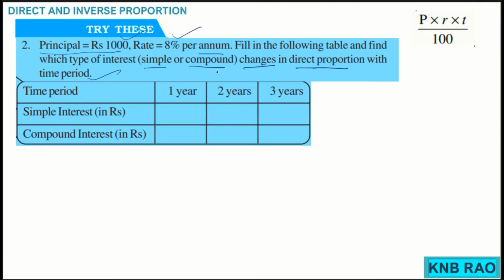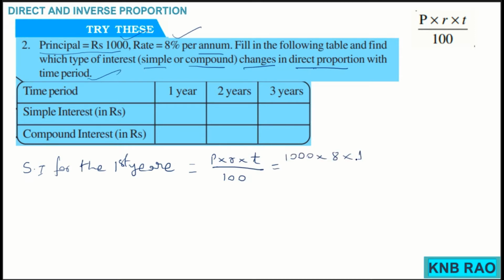With this formula, if I find the simple interest for the first year, P into R into T upon 100, that is 1000 rupees into 8% for the first year, means 1 into 1 upon 100. So 2 zeros cancel, it gives rupees 80. So rupees 80 is the simple interest for the first year.